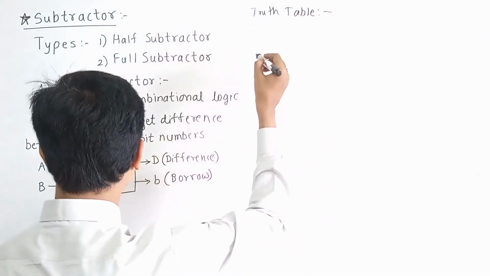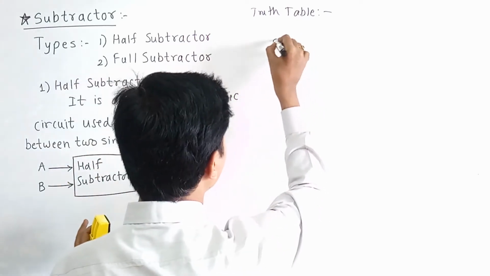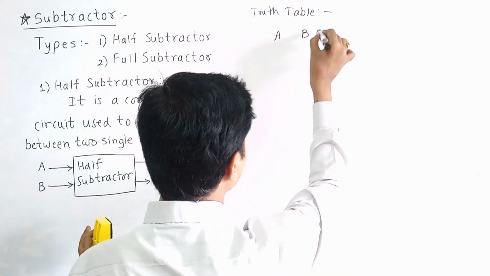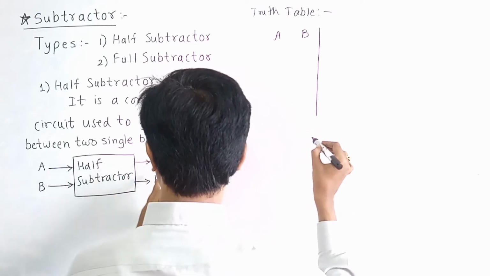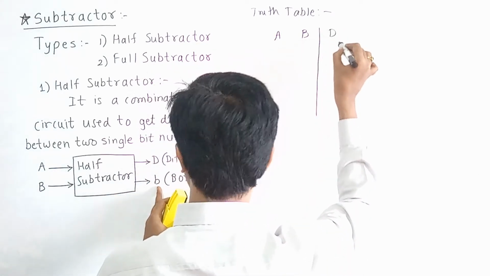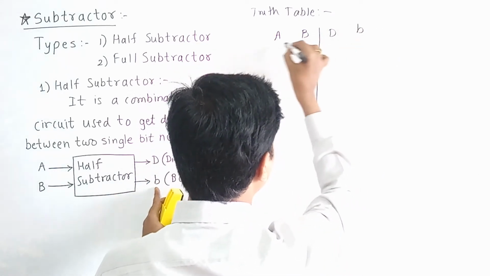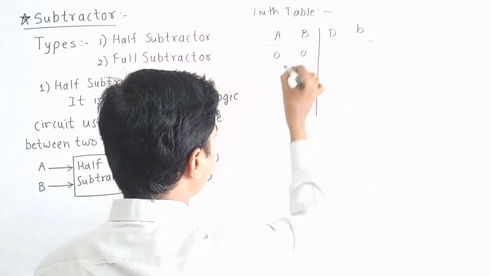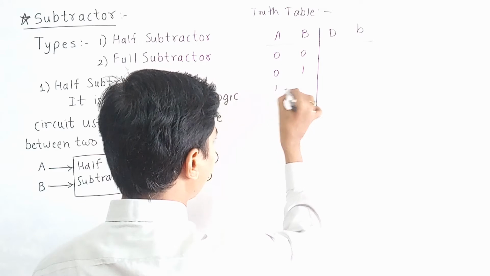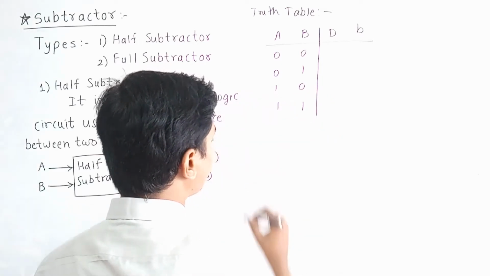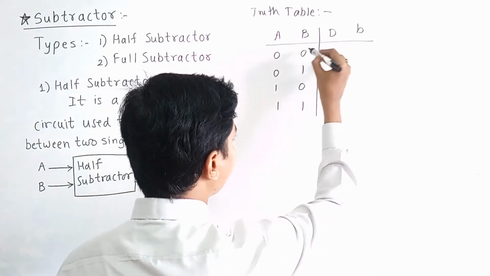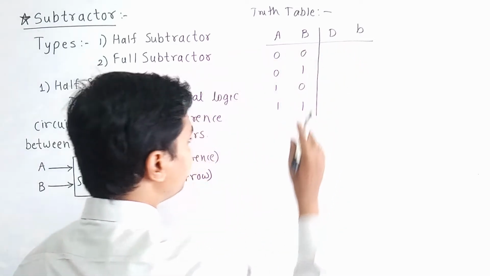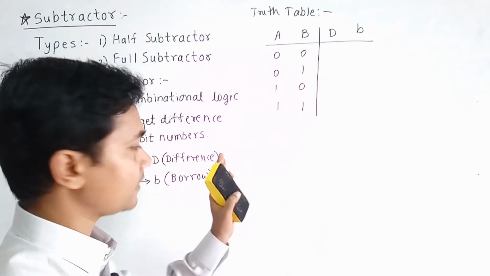So the truth table is having A and B as the inputs, and capital D as difference and small b as borrow. Okay, now we will write the possible combinations of A and B: 0 0, 0 1, 1 0 and 1 1. Okay, so here the difference is nothing but we have to perform the subtraction.